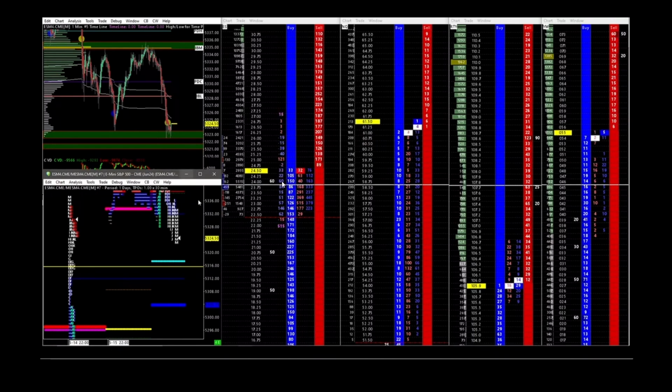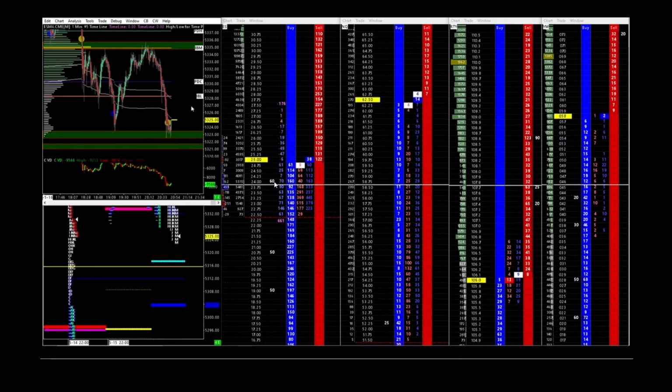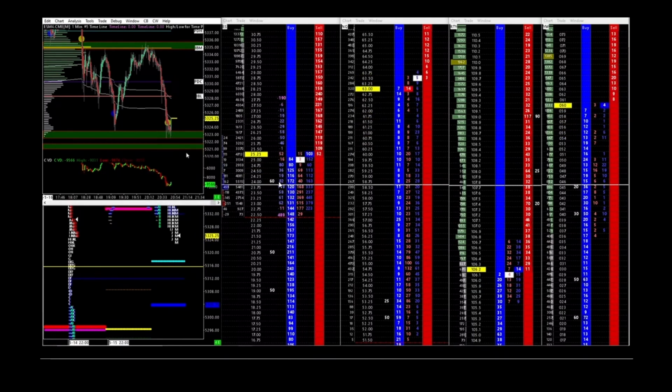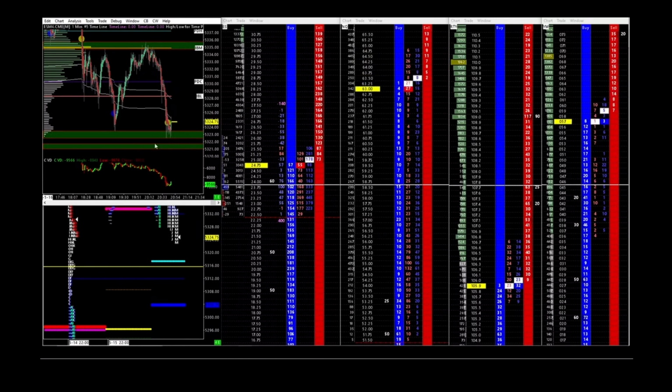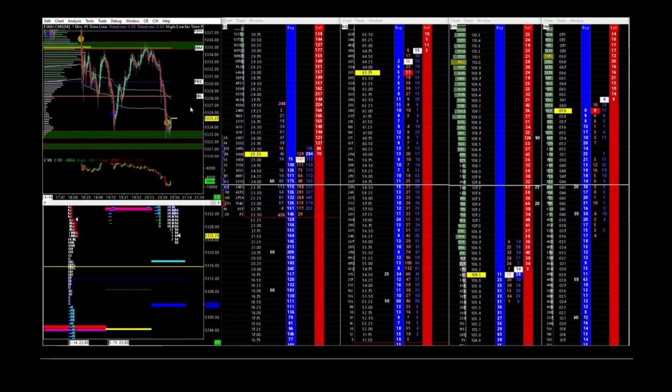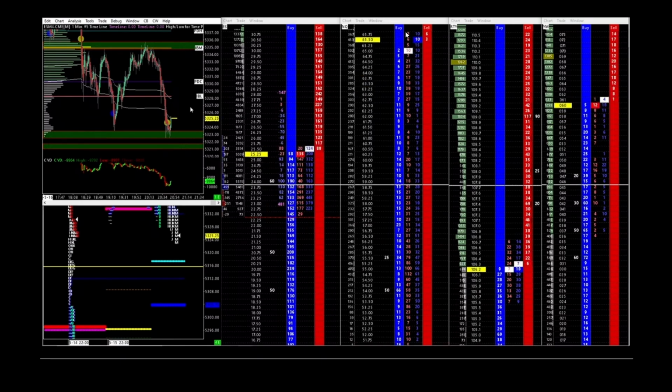Now we're seeing buyers trying to engineer and saying, I'm willing to step in with some size here at 60 lots. Now it's just a matter of how much you're going to take target wise. But notice how NQ bids, and then it pulls the whole market up. You've got a nice little tick up on the whole market.